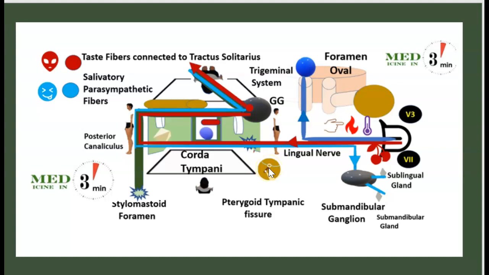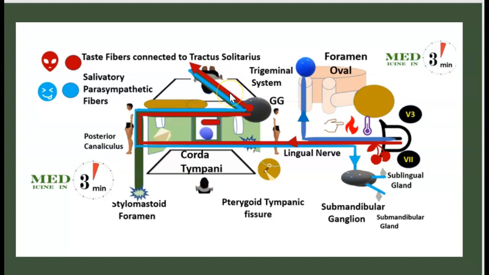What is the chorda tympani? It's a branch of the facial nerve, including taste fibers and gustative fibers: parasympathetic from the back to the front, and taste fibers in reverse. Parasympathetic fibers go like this, and taste fibers go in reverse.